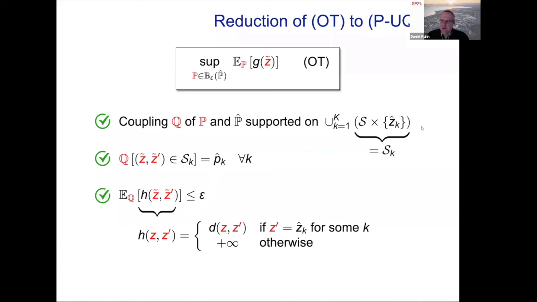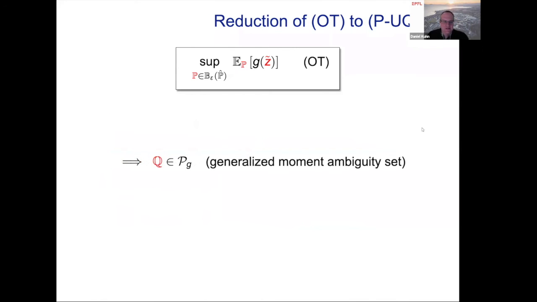Here the moment function H is identified with the transportation cost function if the second argument is equal to one of the atoms of the nominal distribution, and it evaluates to plus infinity anywhere else. All of these things readily imply that for any distribution P in the optimal transport ambiguity set, there exists a transportation plan Q in the generalized moment ambiguity set characterized through the conditions on the previous slide.